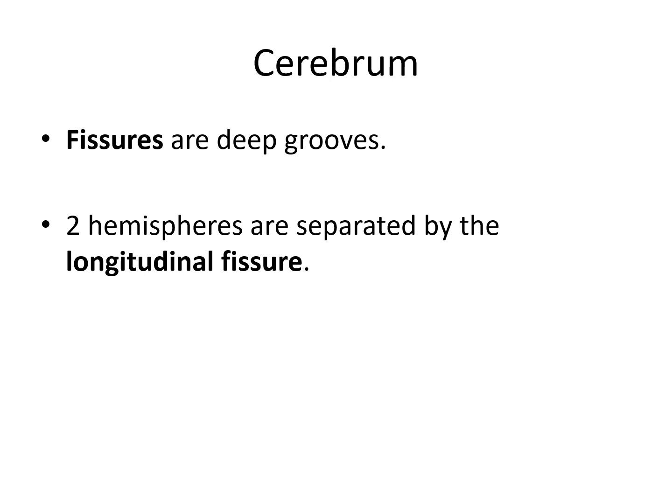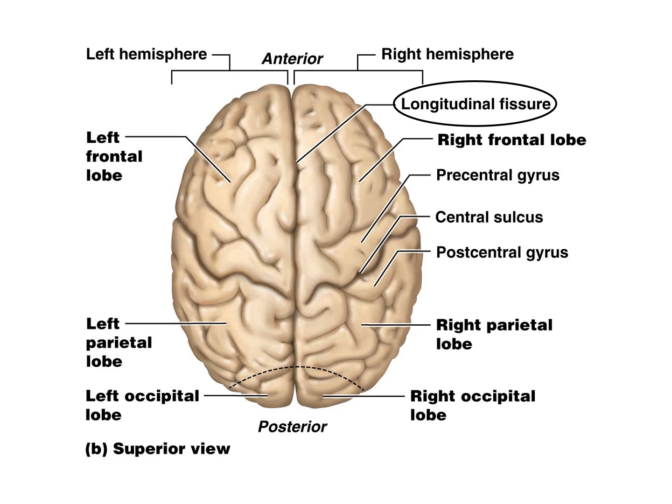For example, fissures are deeper grooves. One such example is the longitudinal fissure that separates the right and left hemispheres. In this figure, we see again the right cerebral hemisphere, the left cerebral hemisphere, but along the middle of it is the longitudinal fissure.